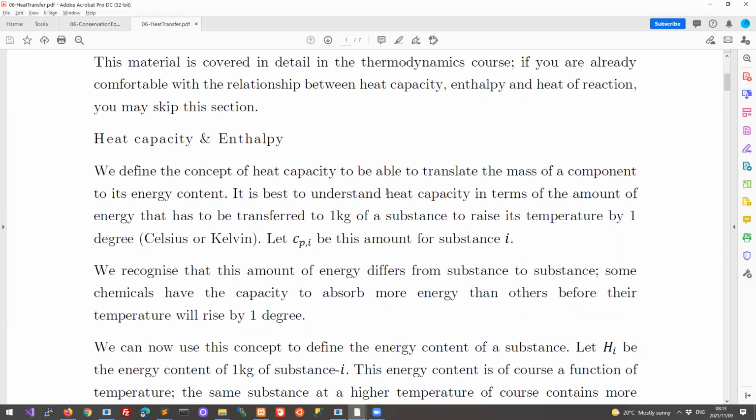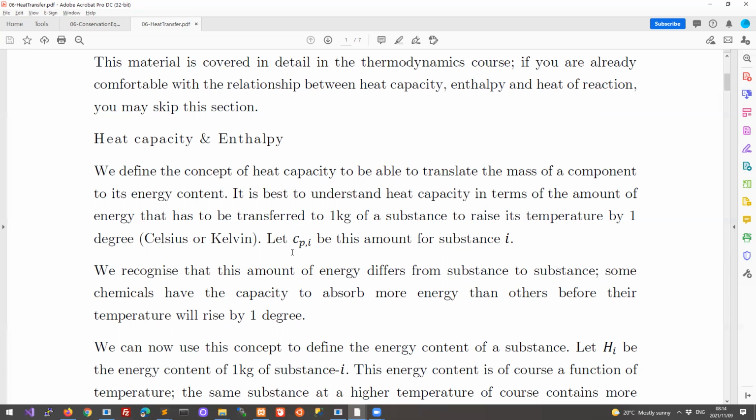Once more, if you take 1 kilogram of a substance, and you want to raise it by 1 degree, then this is the amount of energy needed to do that. So heat capacity Cpi, where we define component i to be the substance of interest, is the energy required to raise 1 kilogram of that substance by 1 degree.